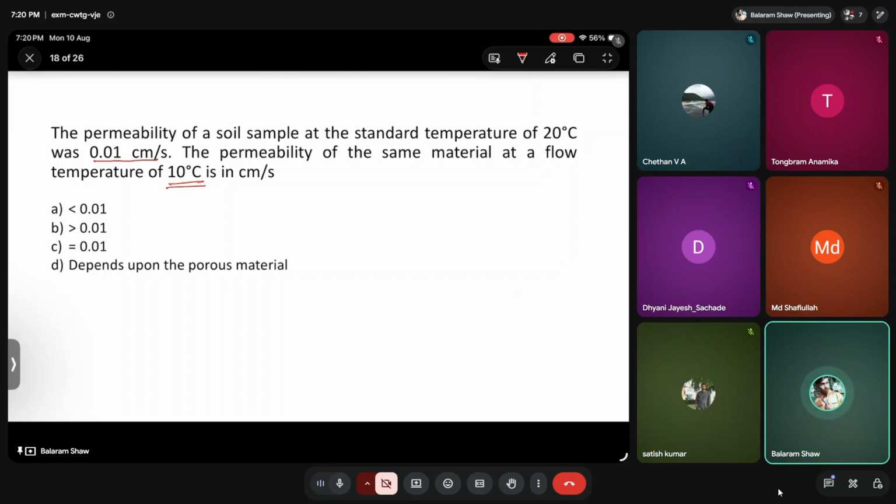we have discussed this, right? Anyone? So here what is happening? The temperature is reducing. If temperature is reducing, then what will happen to the viscosity?